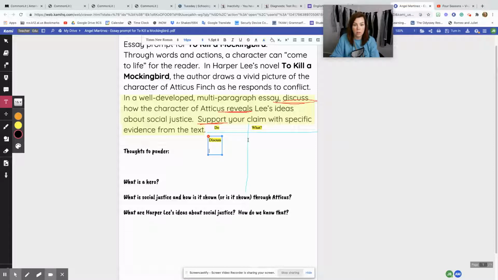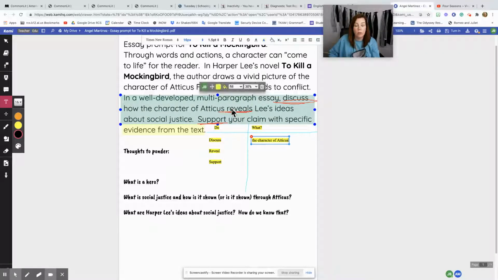Discuss, reveal, support. Then over here, what are we going to discuss? How the character, we're going to discuss the character of Atticus. What are we going to reveal?